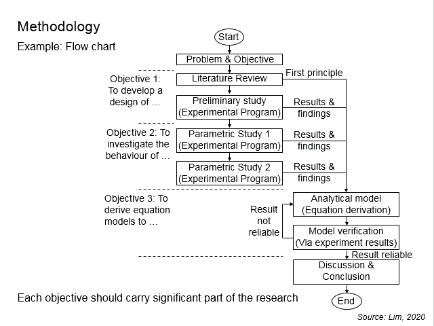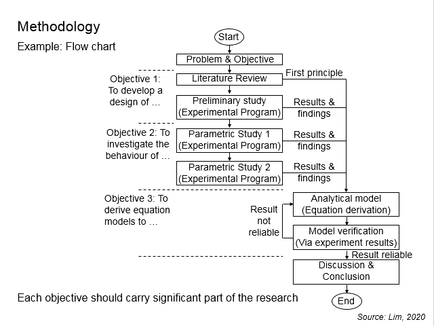Then you can quantify the reliability of the equation model as compared to your testing in your parametric study. What percentage of the specimens are predicted with a high level of accuracy, probably within plus or minus 10%?